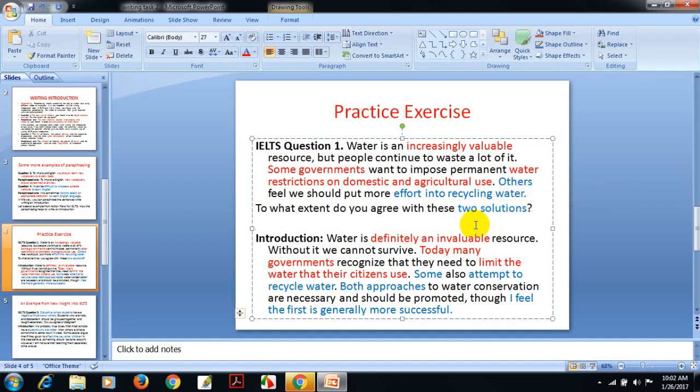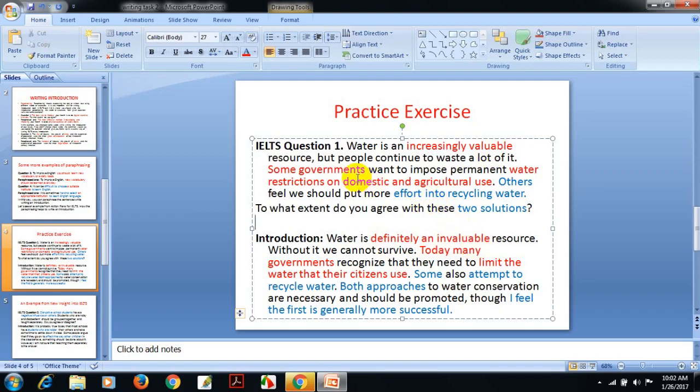Okay. How the introduction is made here. Water is definitely an invaluable resource. Look here, increasingly valuable and definitely an invaluable. Similar words.